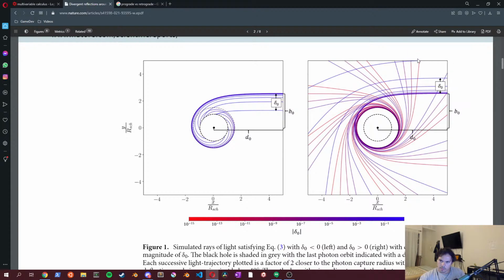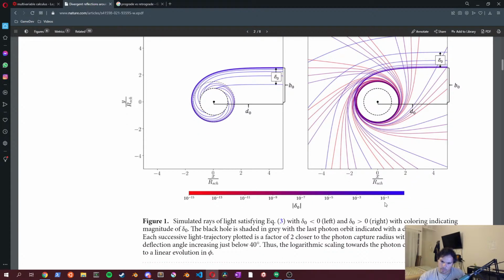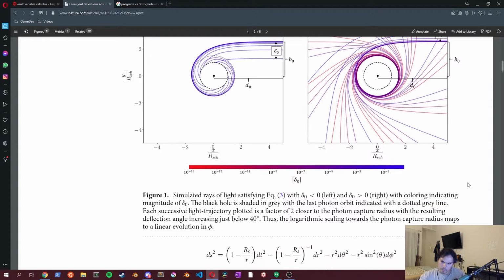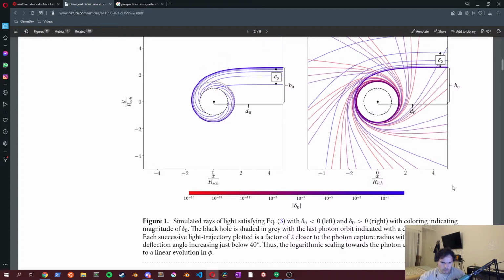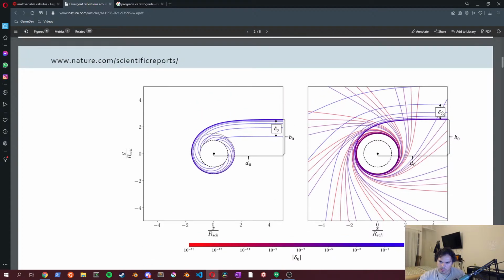Okay, so I guess they're saying that this color here indicates the size of delta 0.